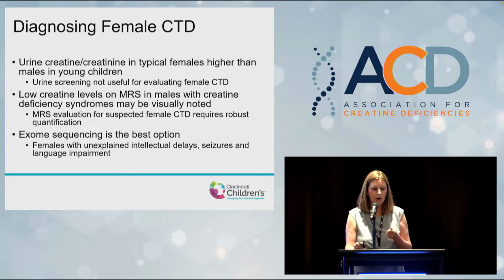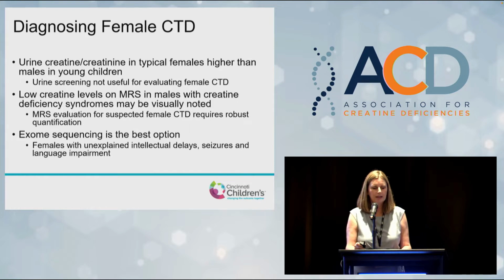A lot of great work done in Europe, in France, and in the Netherlands, shows that urine creatine to creatinine levels are not specific. So urine screening is not useful for female CTD. Again, the spectroscopy has to be done with rigorous quantification to really get at that roughly 40% decline.